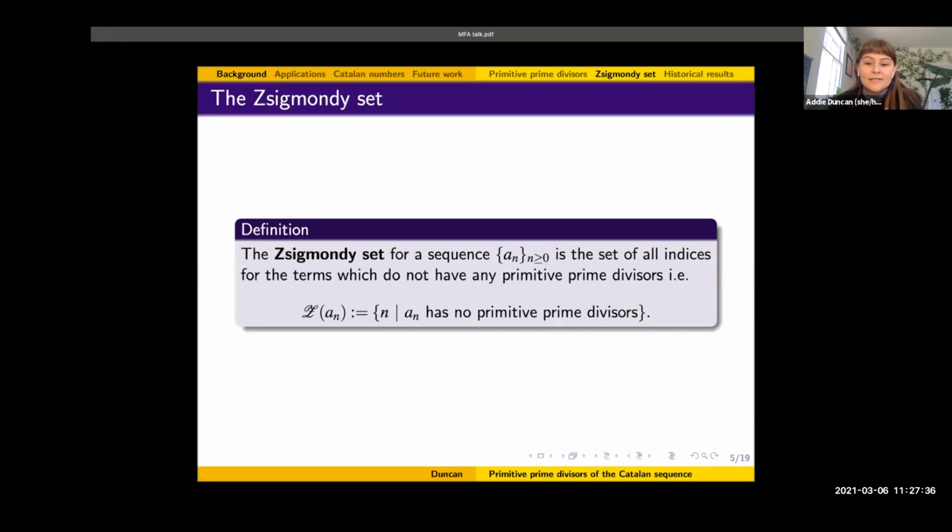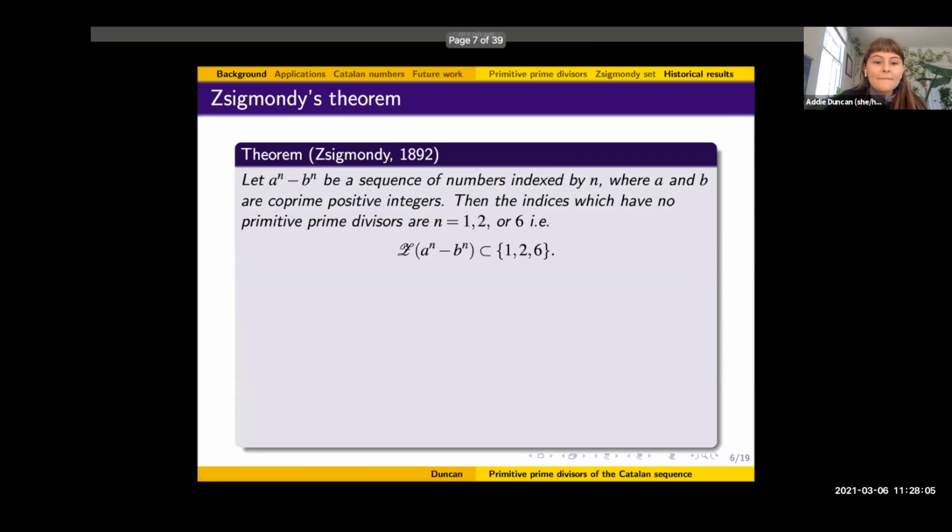The Zsigmondy set for the sequence is the set of all the indices of the terms which do not have any primitive prime divisors. So you take all the terms in the sequence that have no primitive prime divisors, collect their indices, and put them in a set; we call it the Zsigmondy set. This is really useful because asking which terms of the sequence have no primitive prime divisors is the same thing as asking what the Zsigmondy set of the sequence is. So this is just some terminology that's going to help streamline our question.